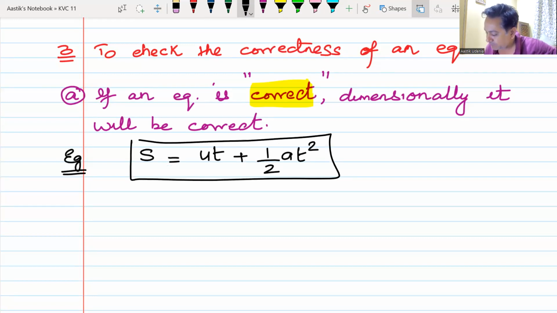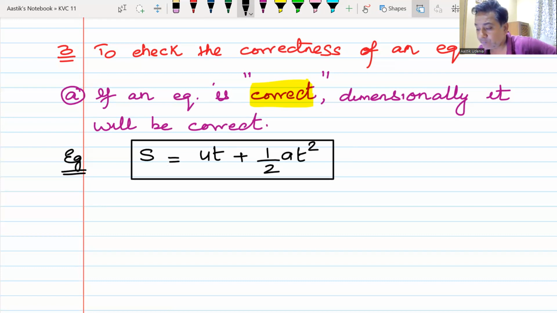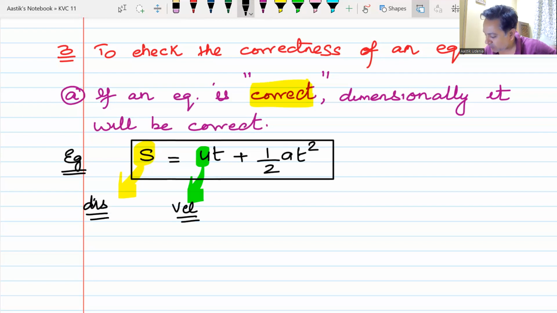What is S here? Displacement. S is displacement. That is correct. What is U? Initial velocity, or simply let us call it velocity, because right now we are dealing with dimensions, nothing else.